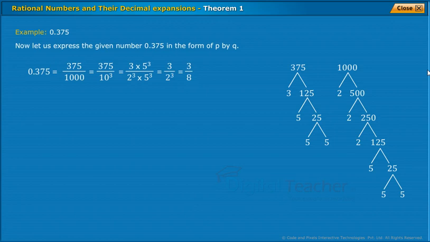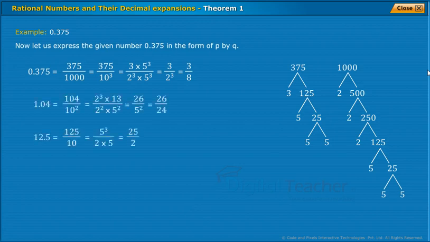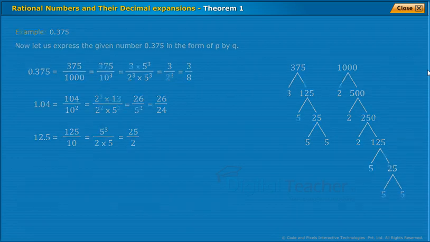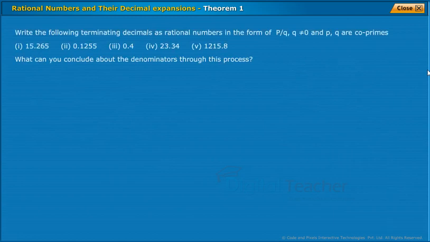Similarly, the terminating decimals 1.04 and 12.5 are expressed as follows. Write the following terminating decimals as rational numbers in the form of p by q, q not equal to 0, and p, q are coprimes. What can you conclude about the denominators through this process?